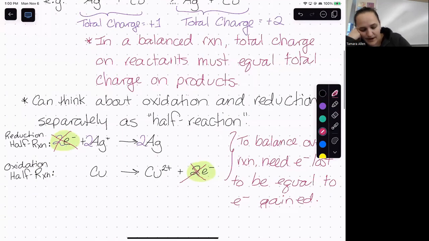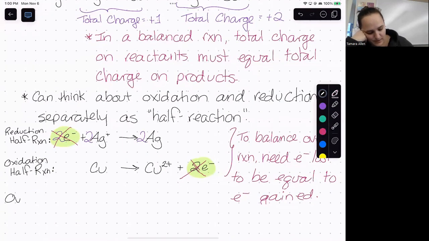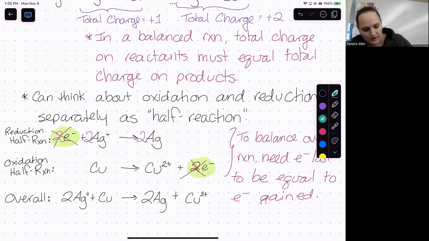And my overall reaction, we can see now has 2 silver on each side. So I will have 2 Ag+ plus a copper, forming 2 Ag and copper 2+.